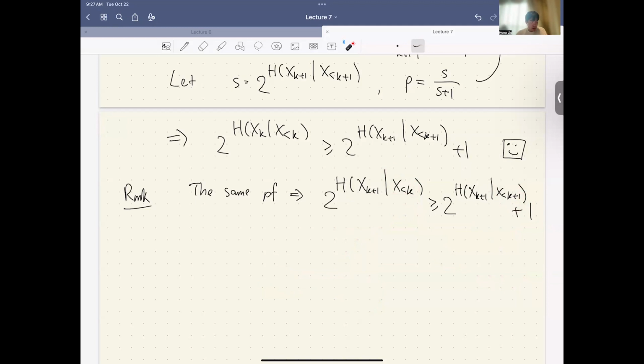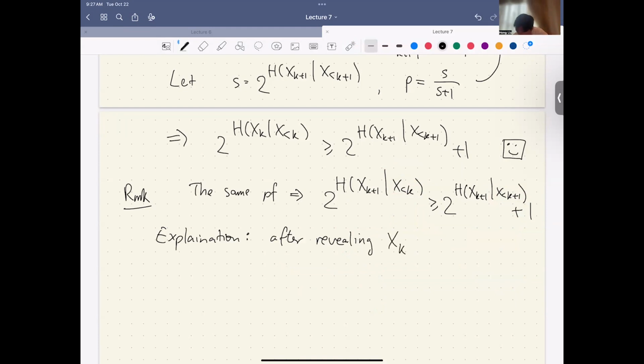The explanation is that after revealing xk, we have one less choice for xk plus 1, because all these xi's must take distinct values. Okay. Any question?